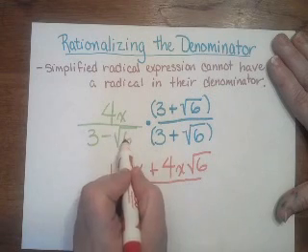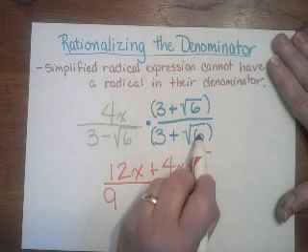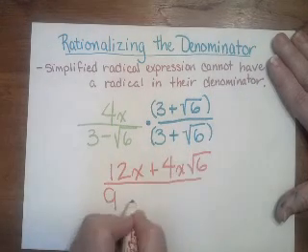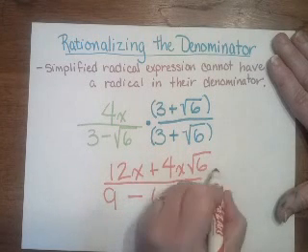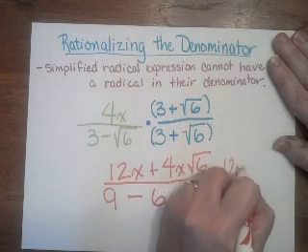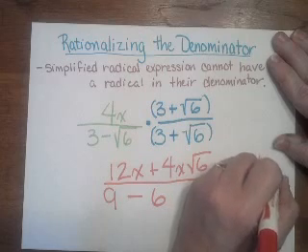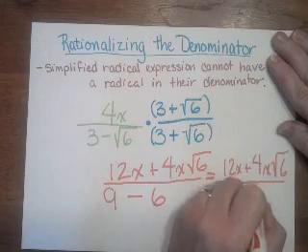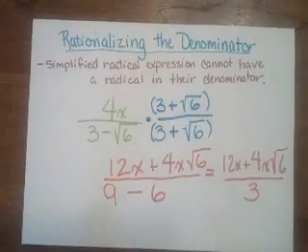And then I have my last, which is the square root of 6 times the square root of 6, which is 6. So minus 6. So it ends up being 3. So I end up in the end having 12x plus 4x square root of 6 all over 3. And we're done.